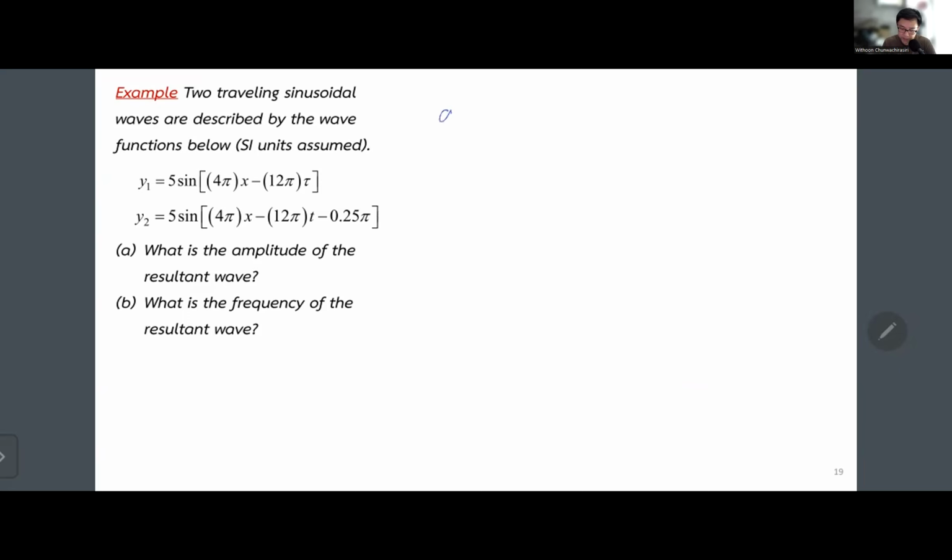Okay, part A, what you have over here is the net wave function, which is simply y1 plus y2. Seriously, simple as that. I'll write it down for clarity. Okay, I think this is a typo, guys. This is t, it's not tau. Just the same t here.